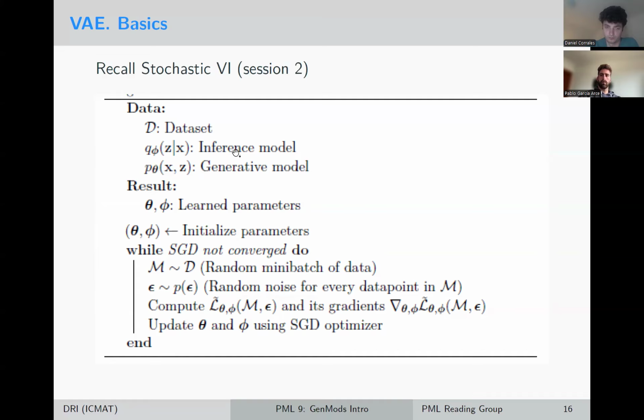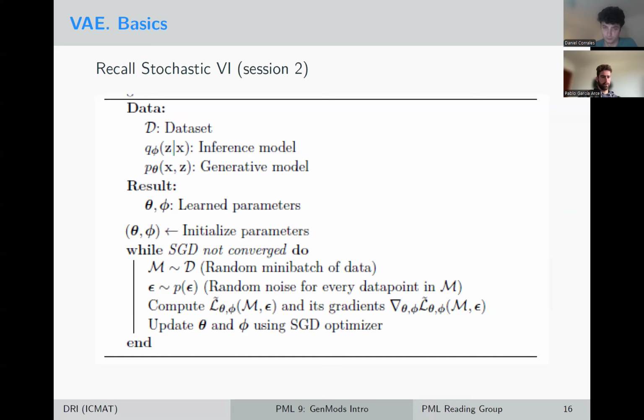We have the inference model and the generative model, each with the corresponding parameters. We initialize them and apply stochastic gradient descent, for example. We get a random mini batch of data from the data set, put a little noise on it, compute the ELBO and its gradient, and then update theta and phi using SGD, right?